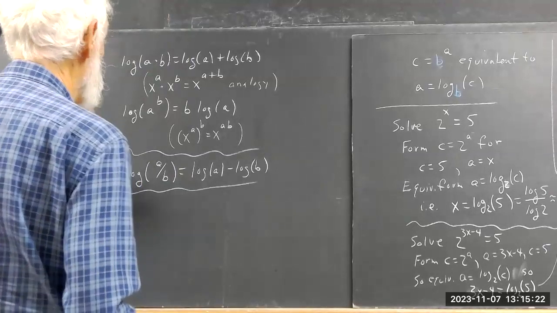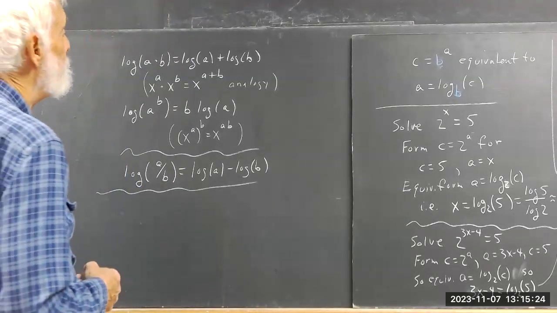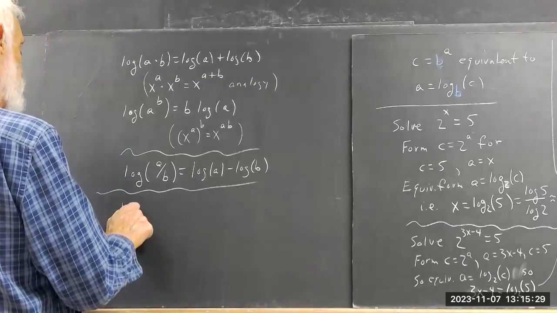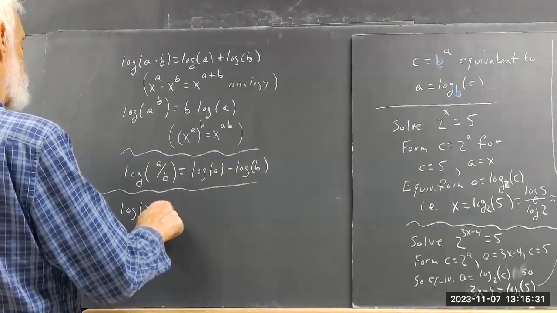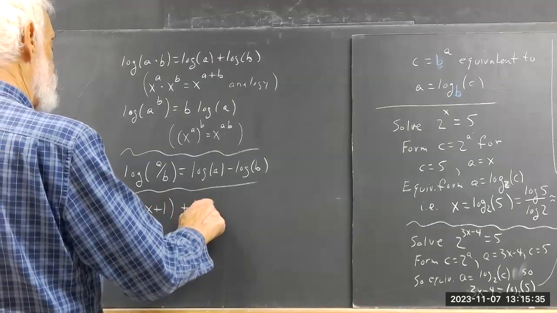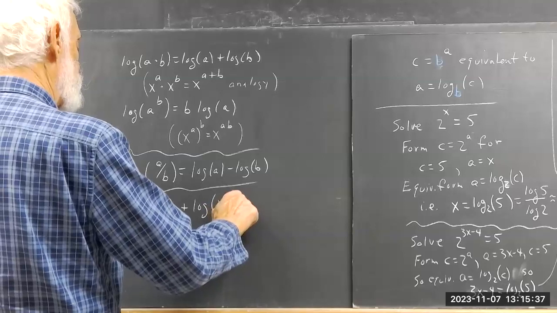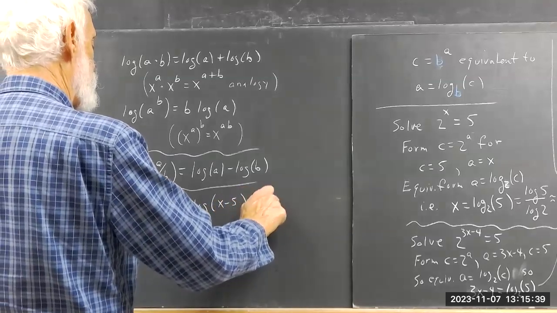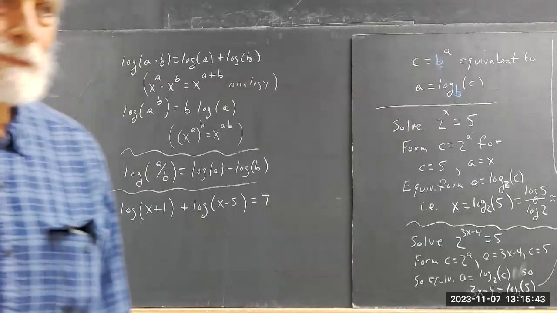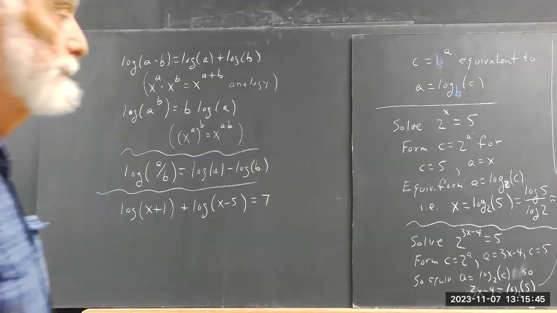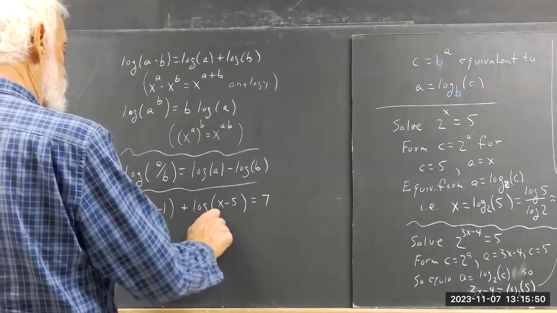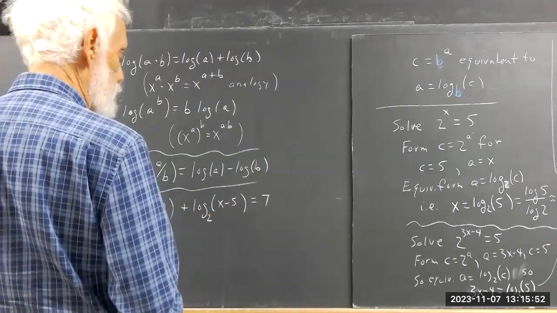Let's see how these rules can go together. Solve an equation like log of x plus 1 plus the log of x minus 5 equals 7. Let's make these logs to the base 2, because if it's log base 10, the numbers get really huge.